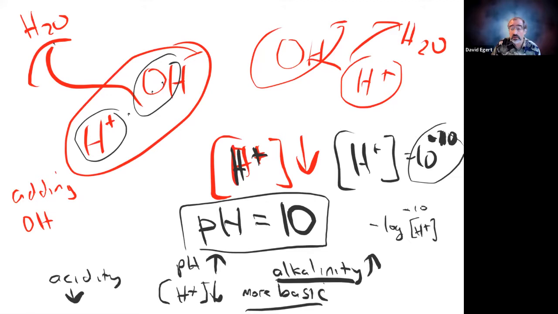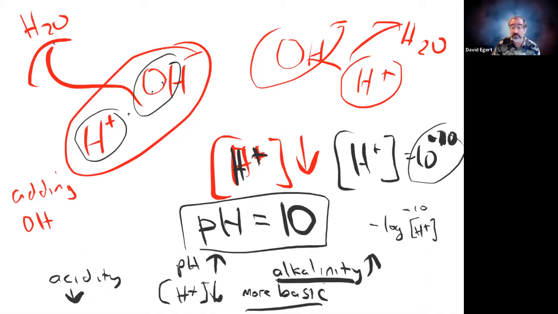So when you're looking at this over the weekend and reviewing it, make sure you really get solid about what goes up and what goes down in these different situations, because pH is going to be important through the whole semester.